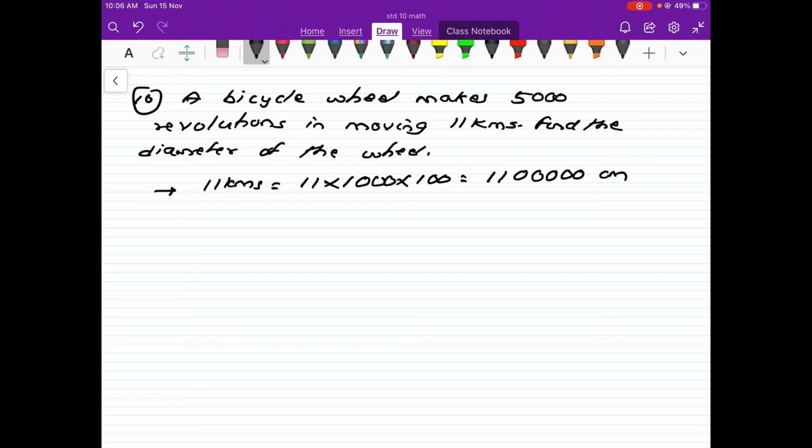Now the next thing is you have to find the distance covered. So for the number of revolutions, we will use the same formula. Number of revolutions is given by total distance covered upon the circumference.